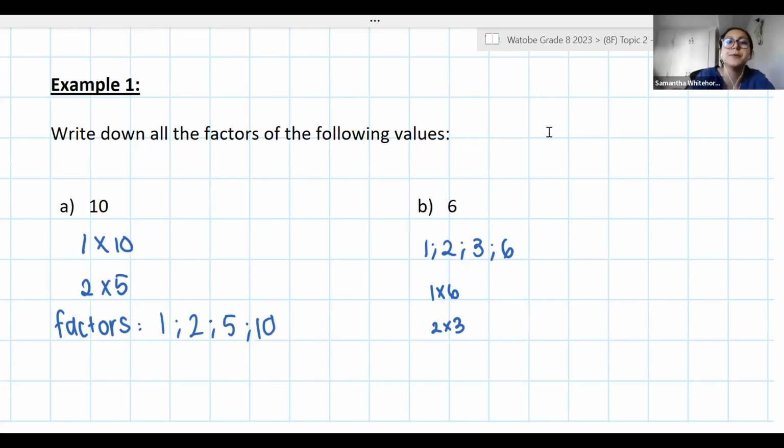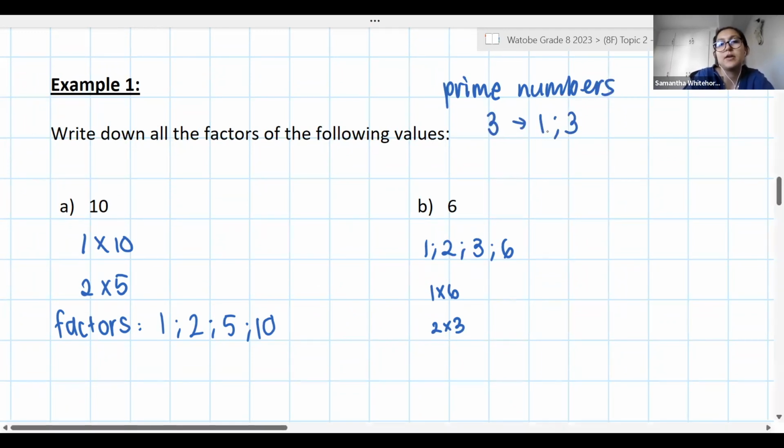So for example, 3 is a prime number because the only factors we have of 3 are 1 and 3, 1 and itself, whereas composite numbers have more factors than just 1 and itself. So here for 6, we have 1 and 6, but we also have 2 and 3. So that makes it a composite number.